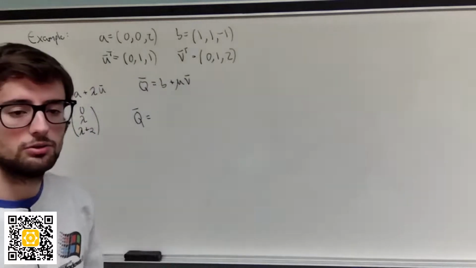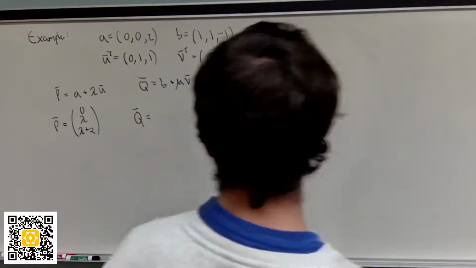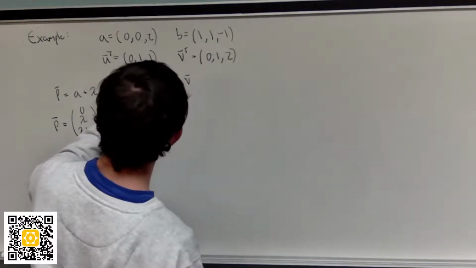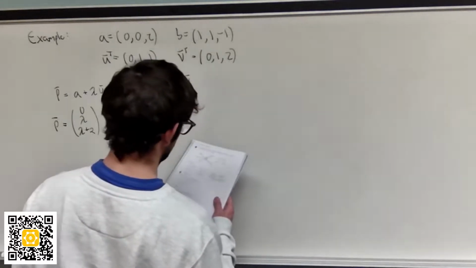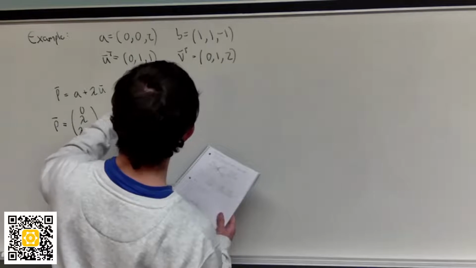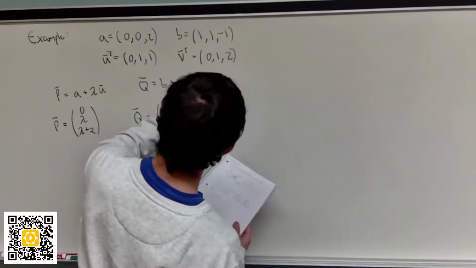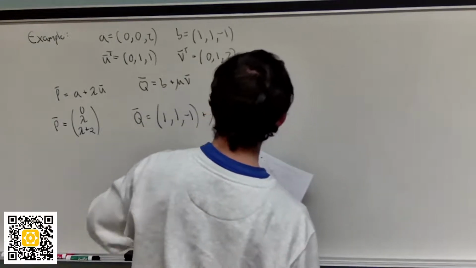All right, I'm sorry, what's your name? Nick. Go ahead, Nick. You want to give me Q? It's going to be Q equal to B plus mu V. Do you know what that evaluates to?